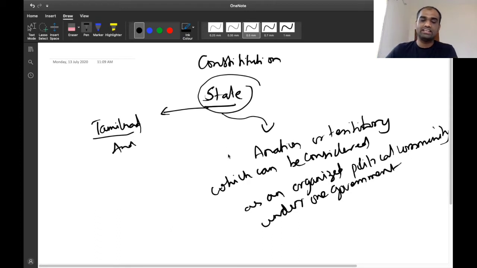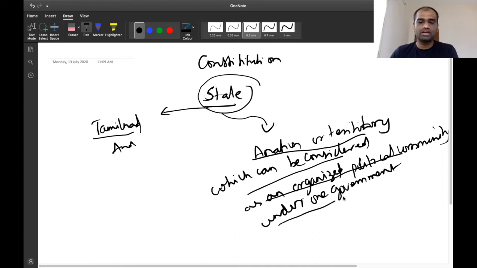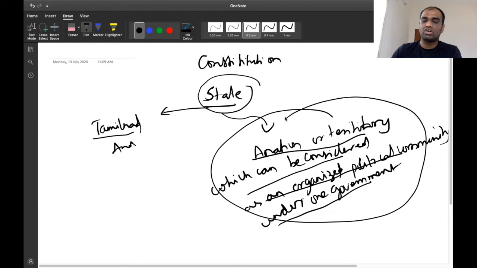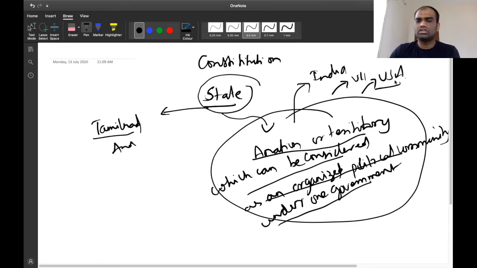Based on this, which areas can be considered as a state? India can be considered as a state. UK, USA, these are all states. Clear?